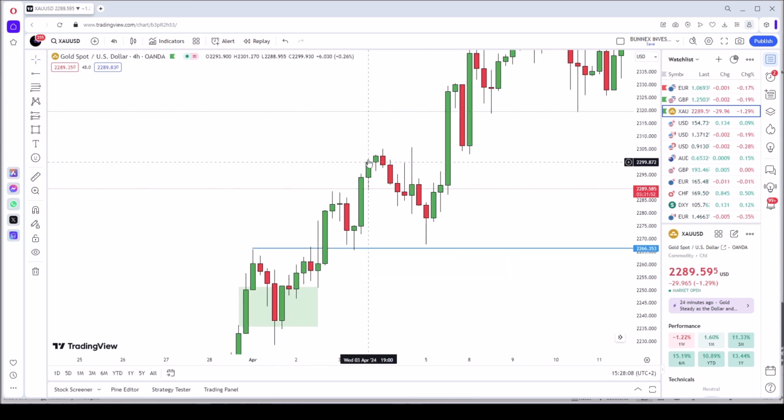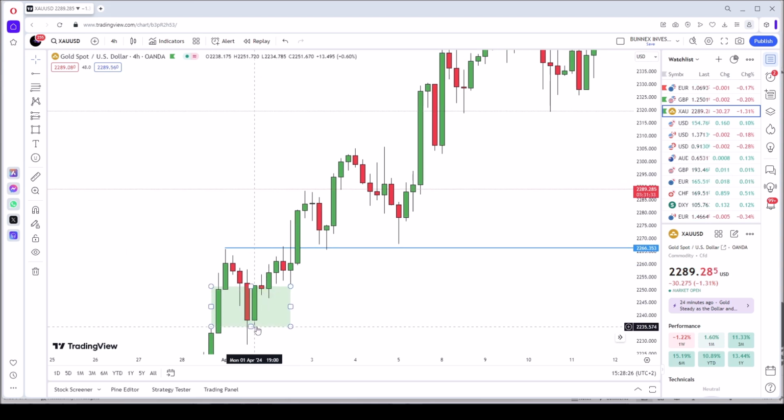The market went to the upside, and after going to the upside, we can say it broke structure at this particular point. We've said when the market breaks structure, we anticipate a retracement to the newly created fair value gap. Starting from this point, going to this point, we can inspect again for a fair value gap.